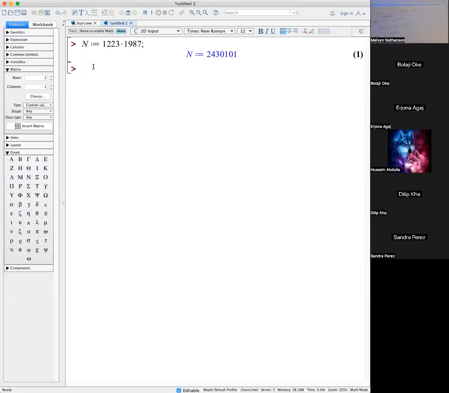So in this, I should have defined P. P was equal to 1223, and Q was equal to 1987. And my N, just to double check, was P times Q. So what is P minus 1 times Q minus 1?